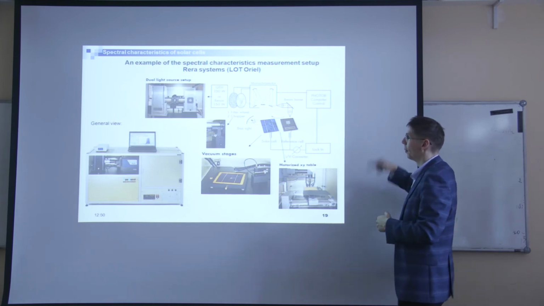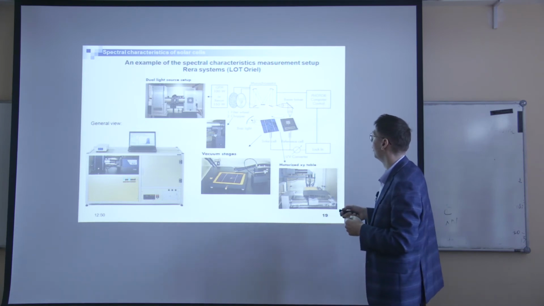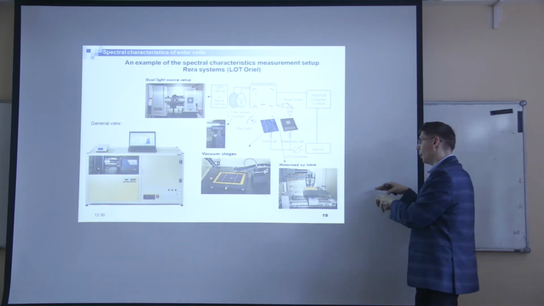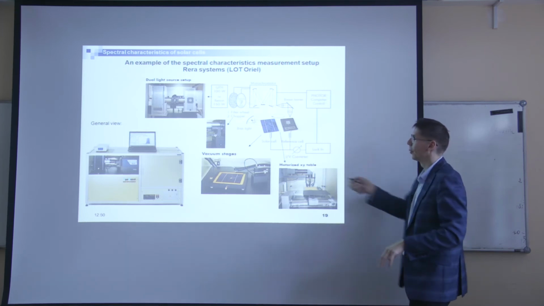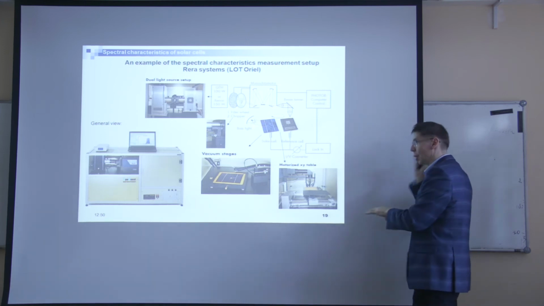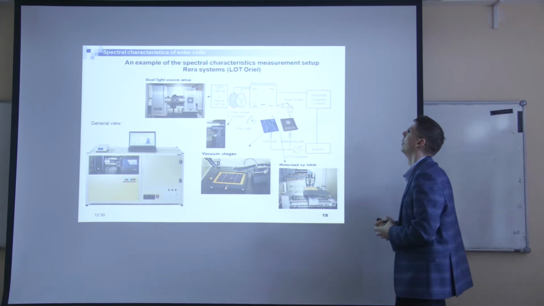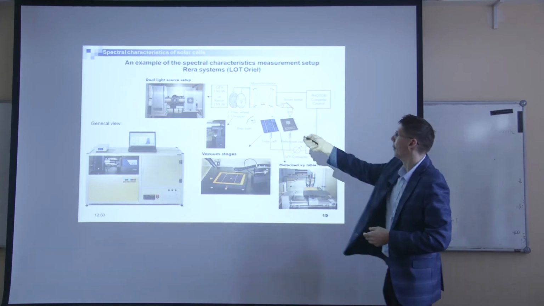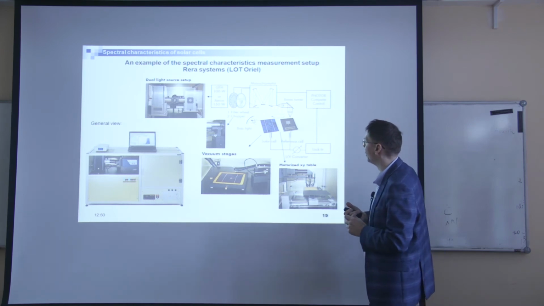So you have a modulated signal. And then using a lock-in amplifier, you select this modulated signal. You neglect any constant signal from the bias light, and take just this signal from the accumulator. So it's a classical monochromator.